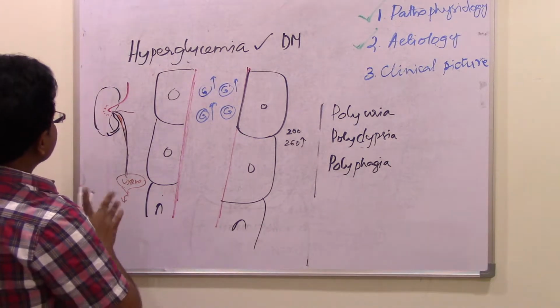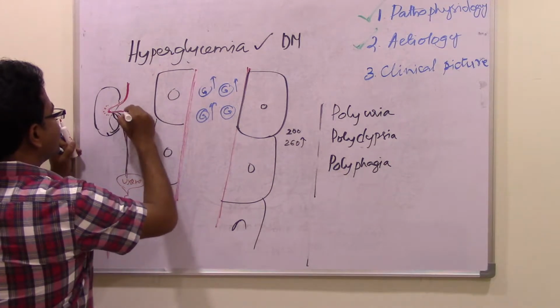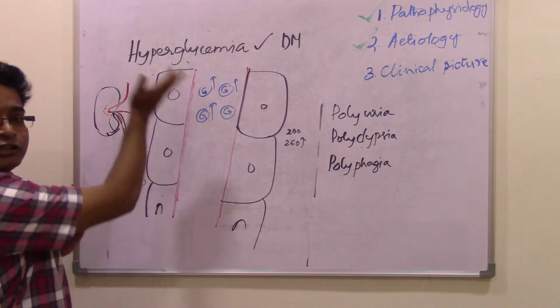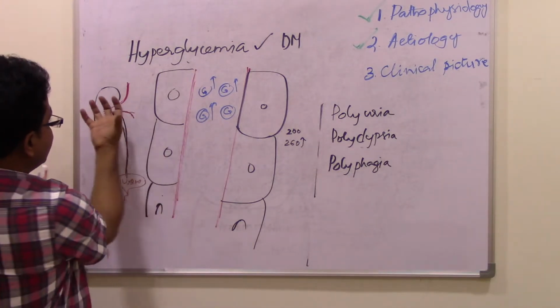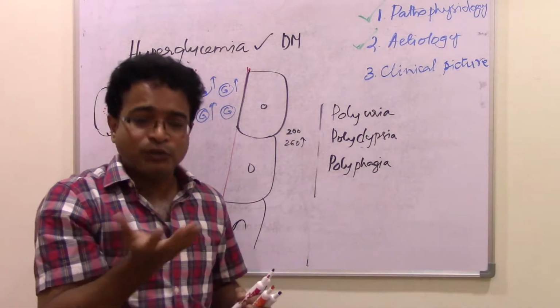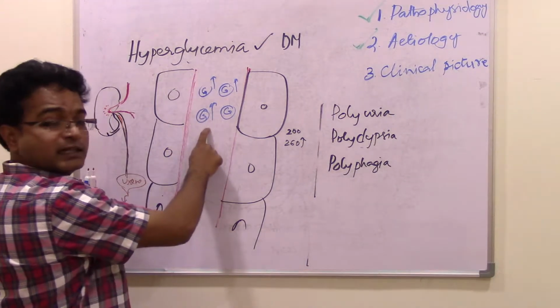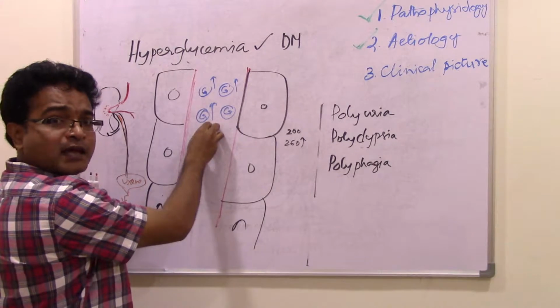Now, the blood vessel carrying blood to the kidney, if the sugar level crosses a certain threshold, it cannot filter. Imagine the Bowman's capsule to be like a sieve. Usually it filters back all the glucose, because glucose is a nutrient, a digestive end product, and the body requires this glucose as fuel.